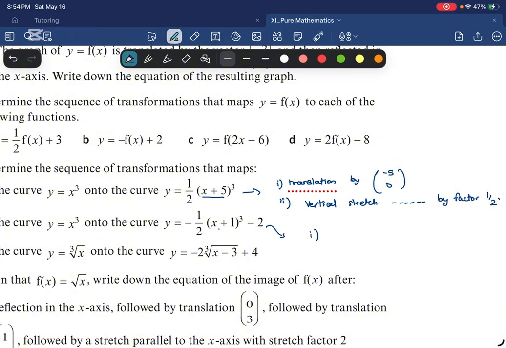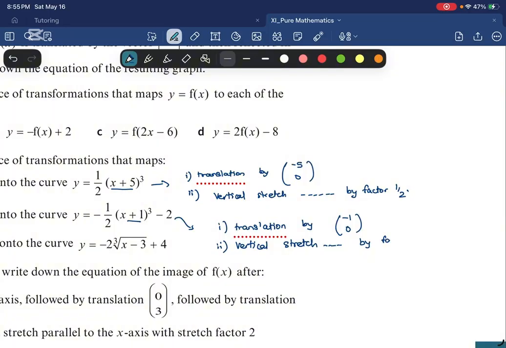For this, first start with the inside. So you have a translation by minus 1, comma 0, right? If you have plus, then it's minus 1 inside the translation vector. You have a vertical stretch parallel to the y-axis by a factor minus 1/2, or you can say reflection. Another way to write this is to break it down.